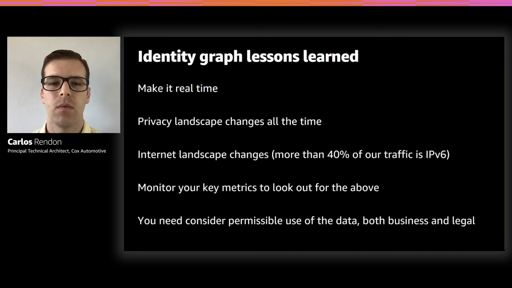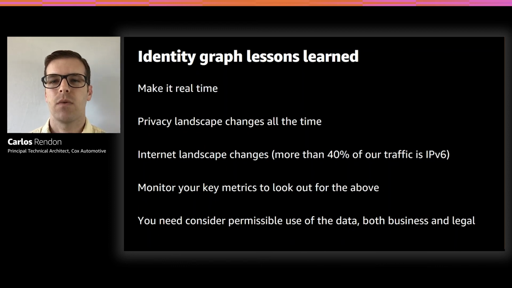The other big learning that we've had is that the privacy landscape and the technology landscape is changing all the time. Because of that, I really encourage you, if you're looking to build your own identity graph or working with a vendor, make sure you have good monitoring on your key metrics. Match rates, how many of a given identifier you're seeing at a time.